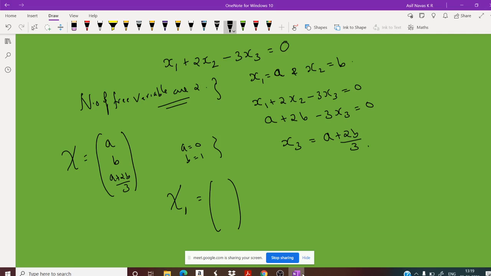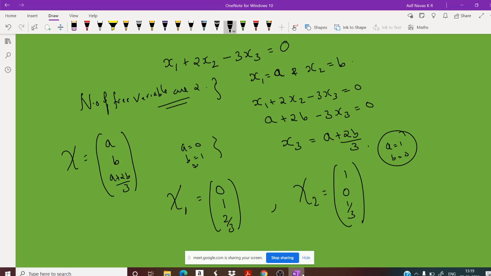Then you will easily get two linearly independent eigenvectors. So what is the eigenvector? 1, 0, 1 by 3.